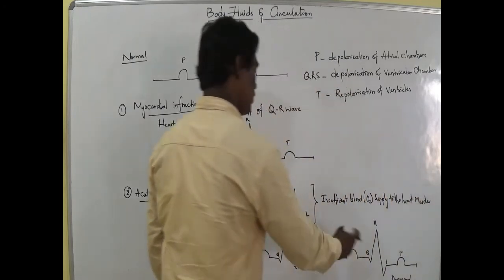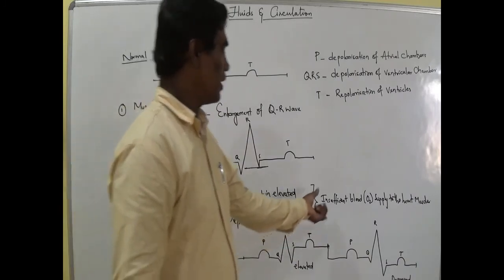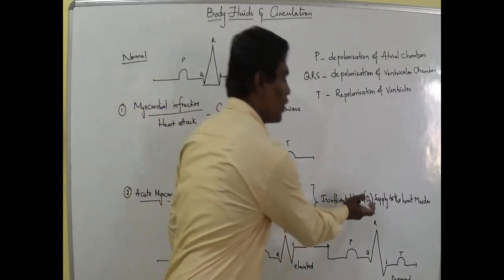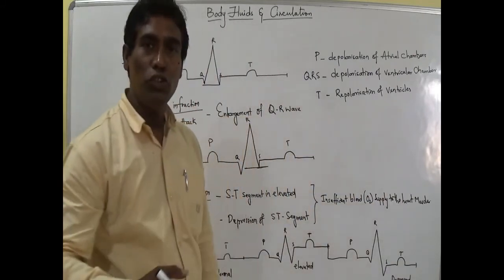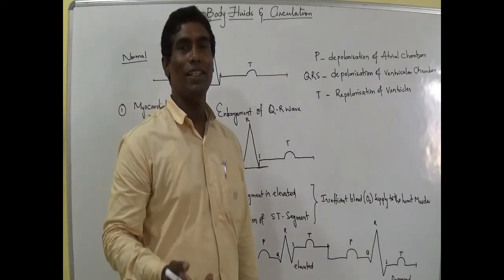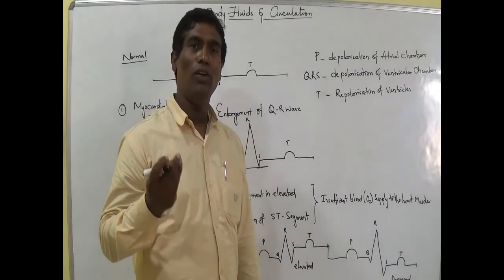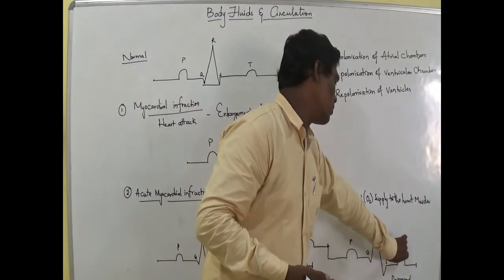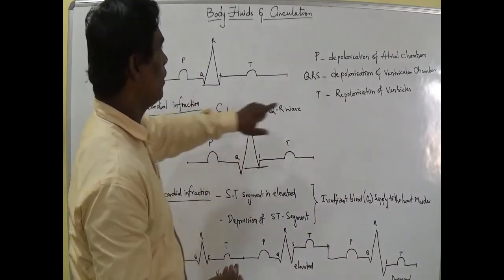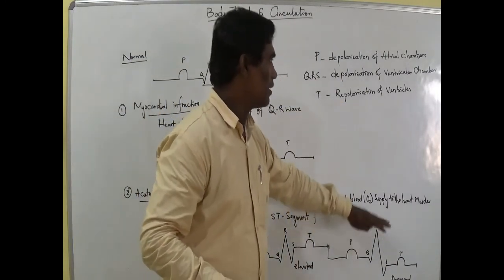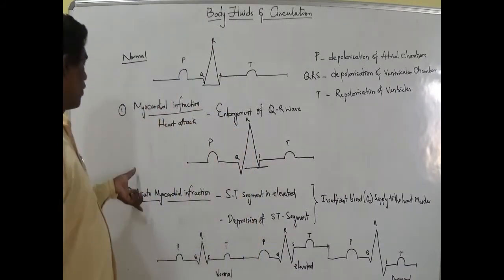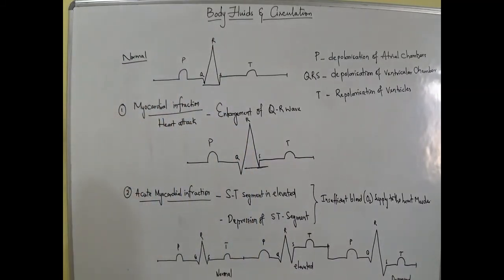So this elevation or depression is usually seen due to insufficient oxygen supply to the heart muscles, and if oxygen is not supplied, due to formation of lactic acid the working of the ventricles is affected. This ST segment talks about the repolarization of the ventricles, and this repolarization takes a longer period of time, which is usually called acute myocardial infarction.